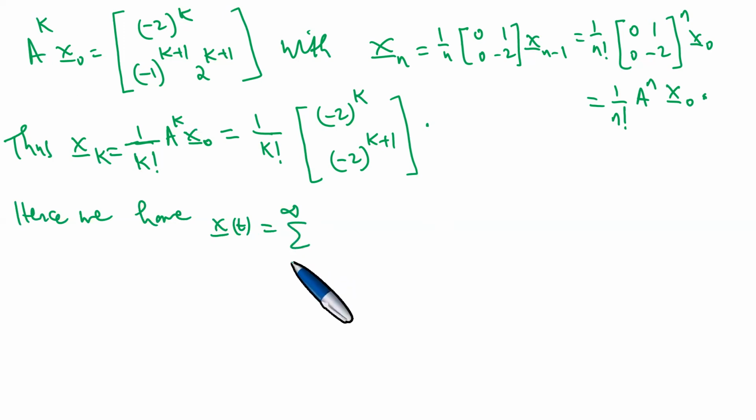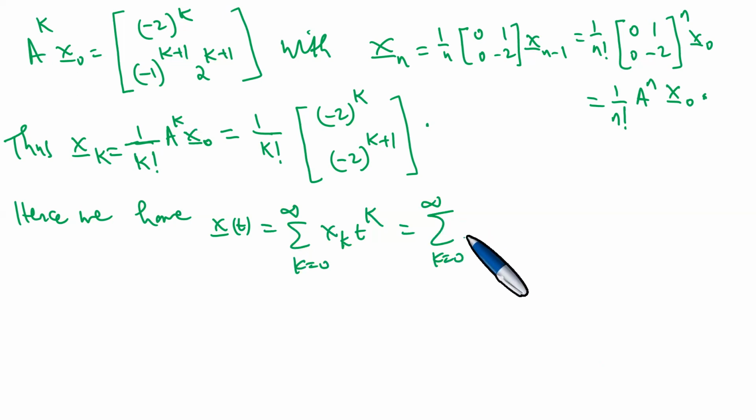summation k equals 0, xk t to the k. So what is x sub k t to the k?